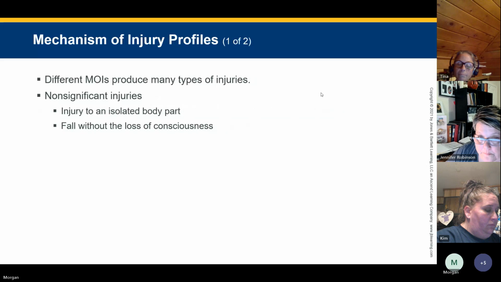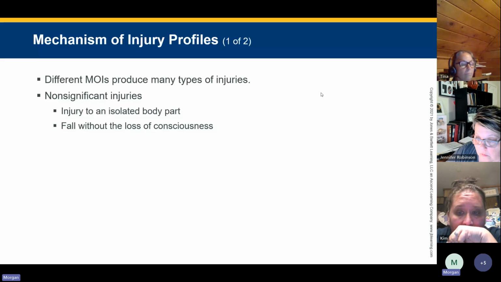So, mechanism of injury profiles. The different MOIs produce many types of different injuries, obviously. Somebody getting hit in the chest with a baseball bat is going to have different injuries than somebody hit in the legs, or in a car accident, or a fall, or if somebody's burnt, which is a type of trauma.